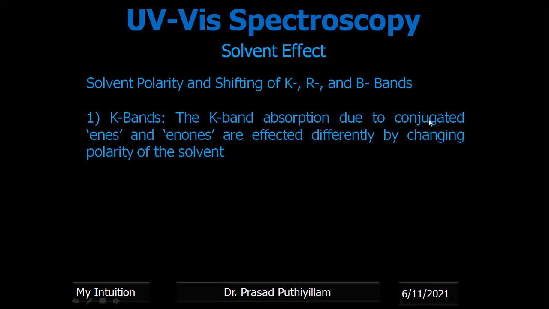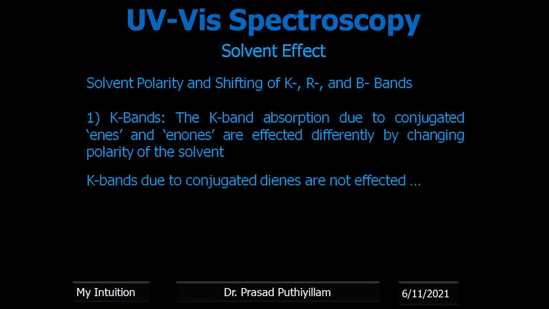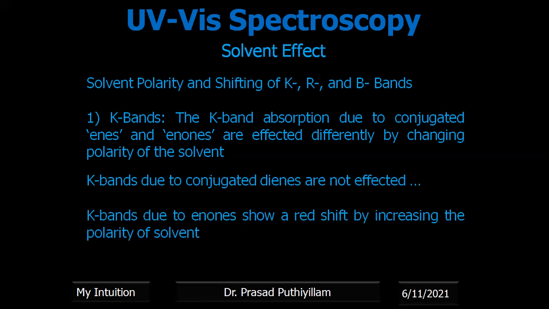Only double bond is present. There is no lone pair of electrons or more electronegative atom. Whereas enones means ketones, aldehydes, carbonyl compounds, they are having pole separation or charge separation. Therefore, it is affected. Therefore, we can say K bands due to conjugated dienes are not affected. K bands due to enones show a red shift by increasing the polarity of solvent.